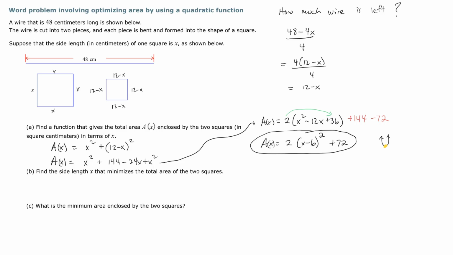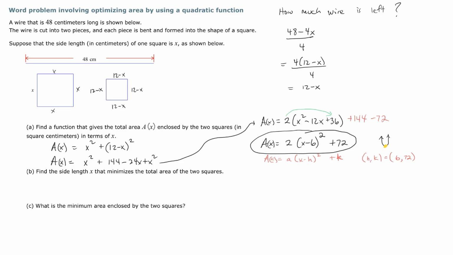Find the side length x that minimizes the total area of the two squares. Well, we simply read that from the vertex. Remember, A of x is now of the form a times the quantity x minus h squared plus k. This vertex tells you a lot of information. Our vertex is (h, k), specifically (6, 72).